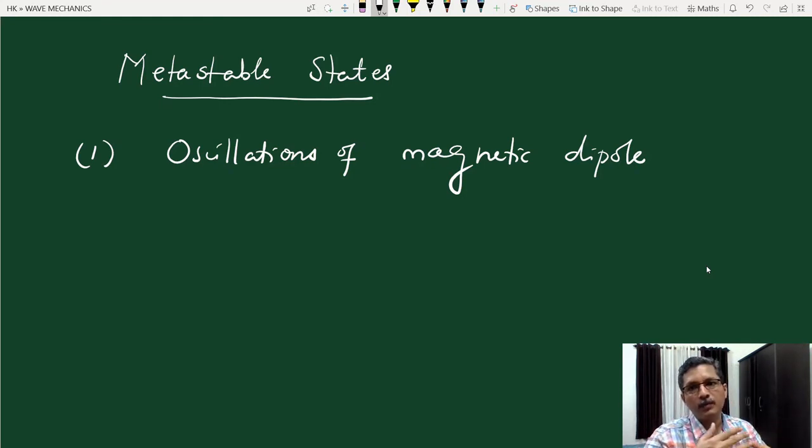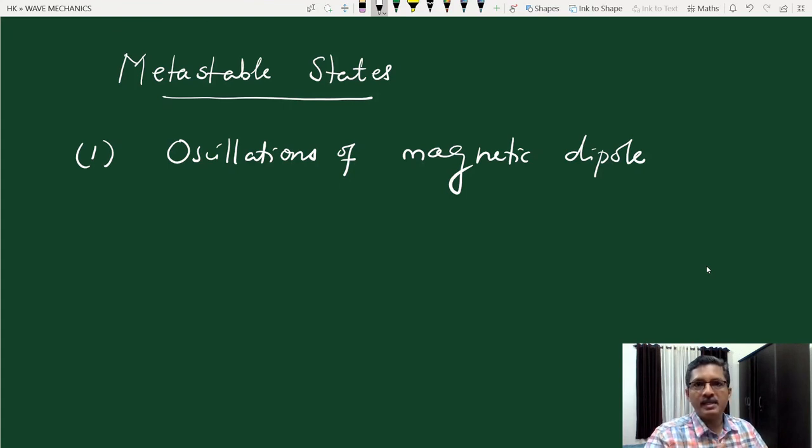Here it is the magnetic dipole moment. A current loop represents a magnetic dipole moment. So when this current loop swaps orientations, the magnetic dipole moment will be oscillatory, and these oscillations of the magnetic dipole moment will result in radiation.